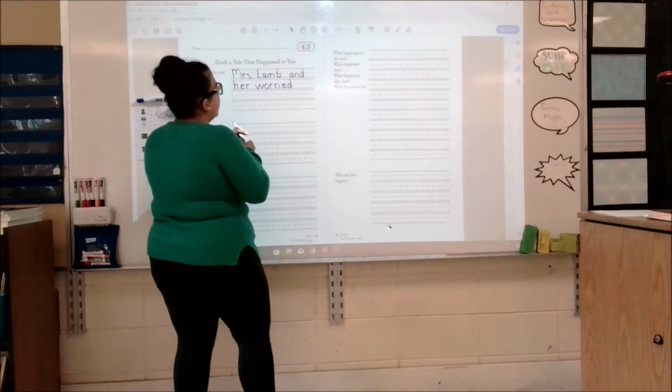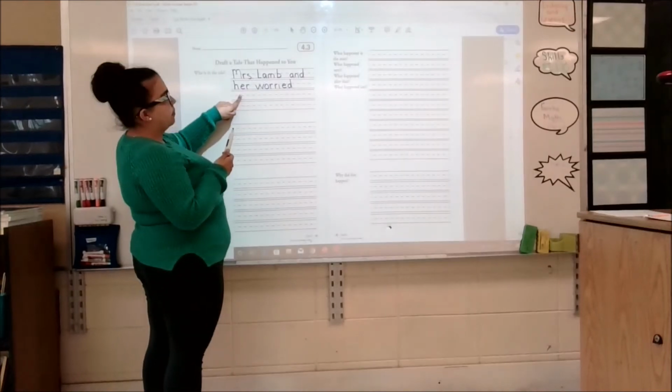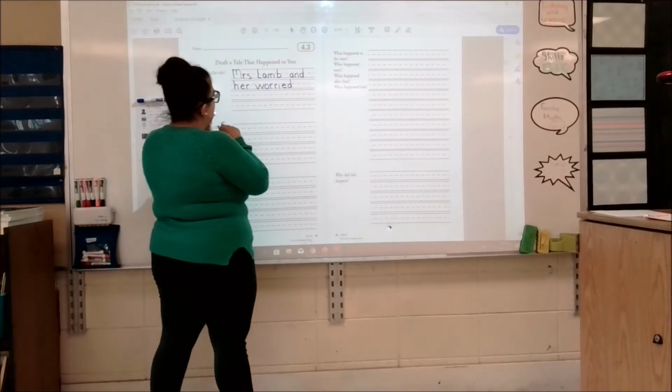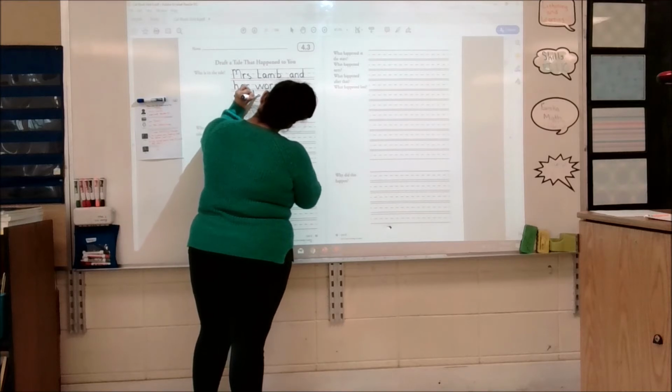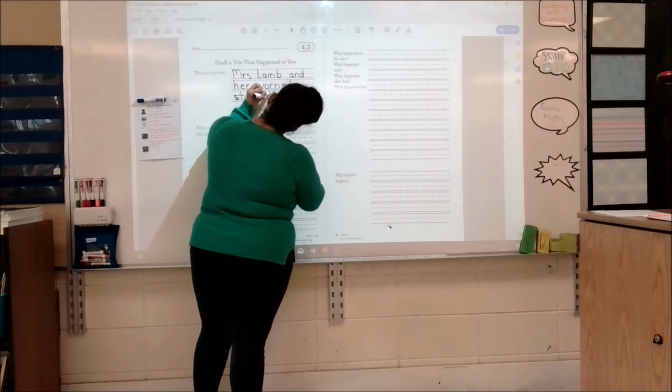Let's see, will students fit here or should I return sweep? Definitely hit it with the return sweep. Mrs. Lamb and her worried students.